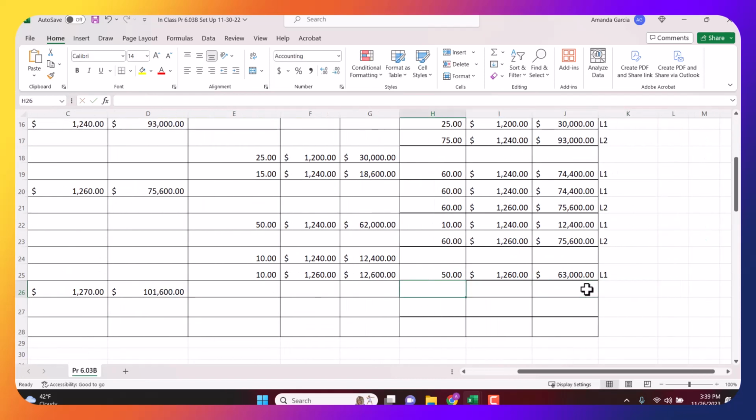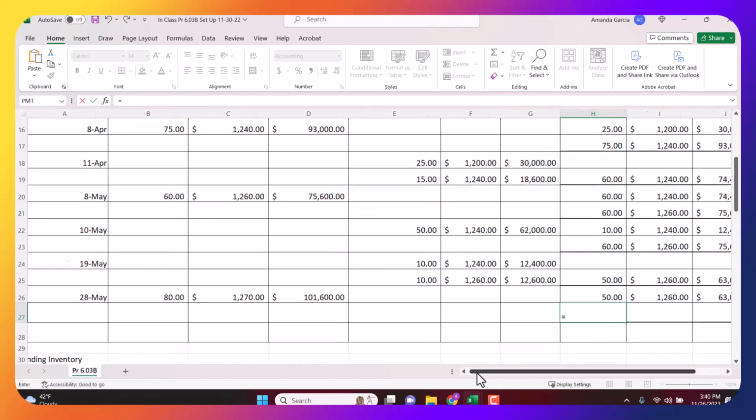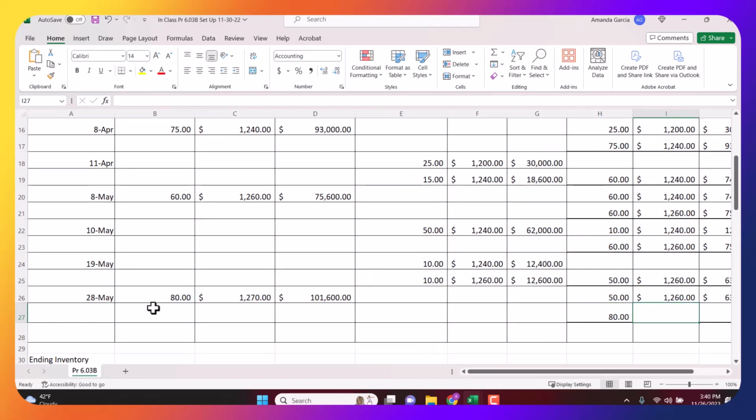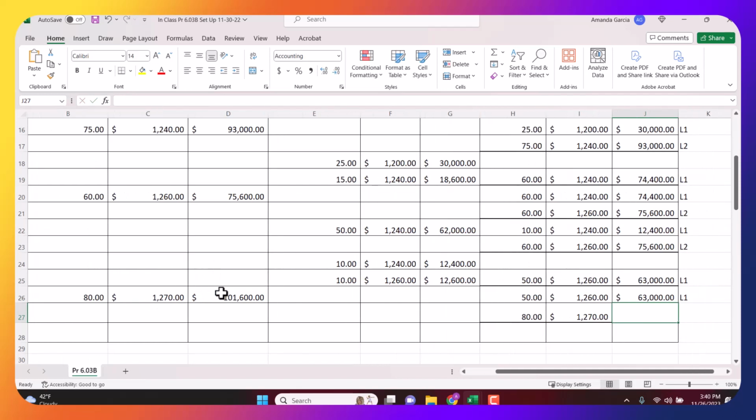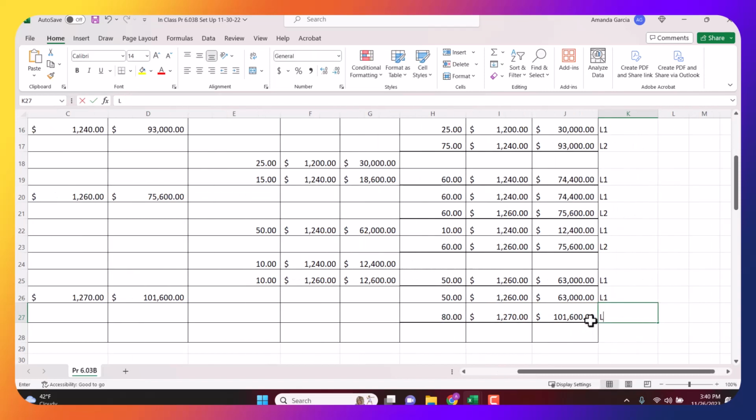Well, I'm going to bring down my layer 1 before I calculate final ending inventory, right? We're keeping our inventory layers intact. So L1 is 50 units at $12.60. And L2 is what we just bought, purchased. 80 units at $12.70. So 80 times $12.70, and this is L2.